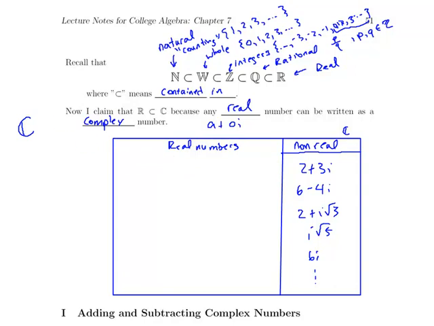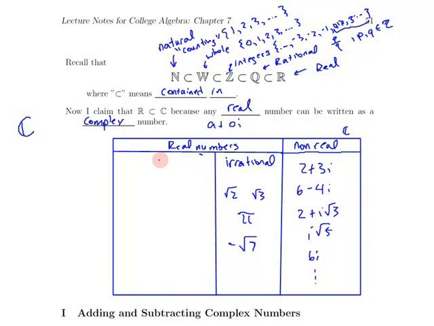Now that group of numbers can be split into two. Let me illustrate that this way. We'll draw a line here. So here's my real numbers. We can split those real numbers into two groups. You can have what are called irrational numbers, like square root of 2, square root of 3, pi, negative square root of 7.